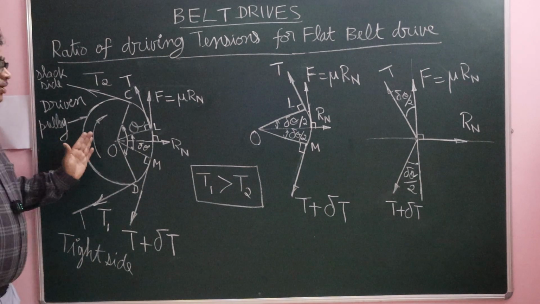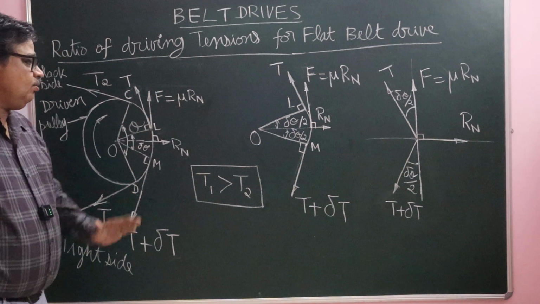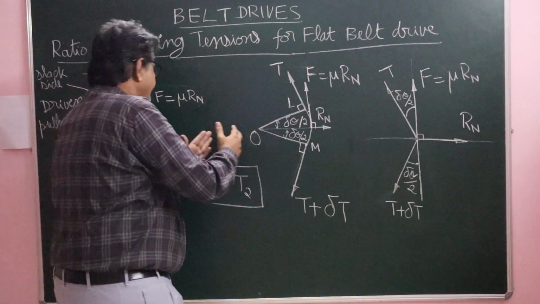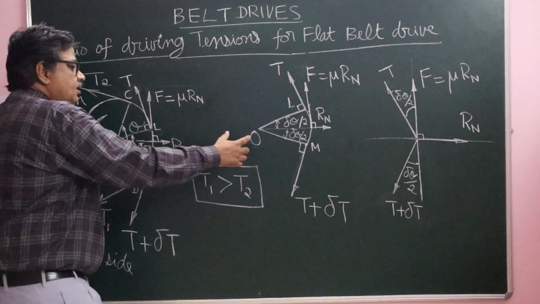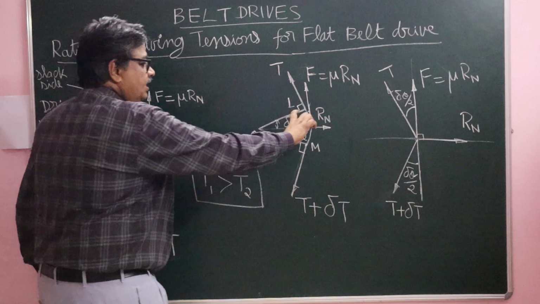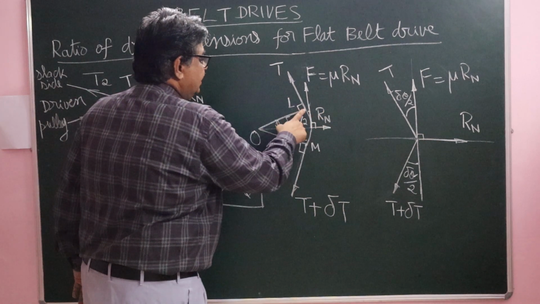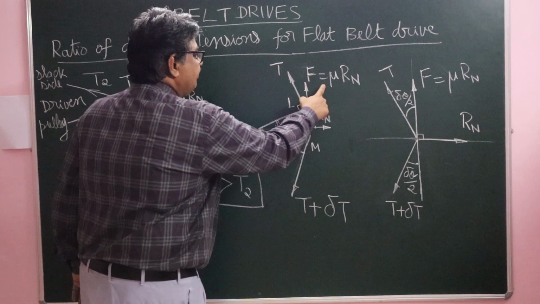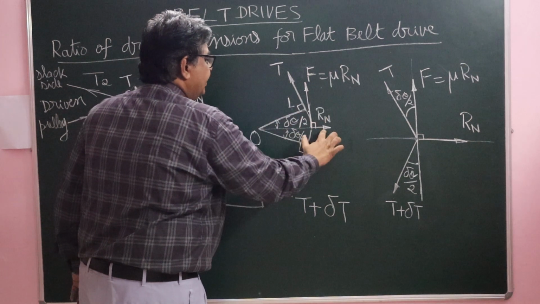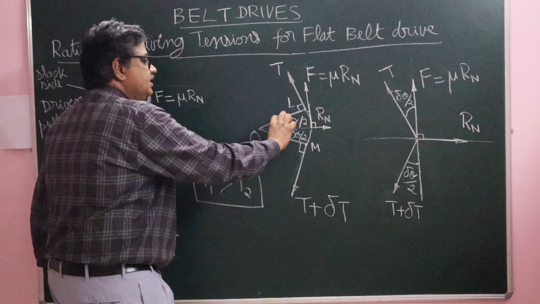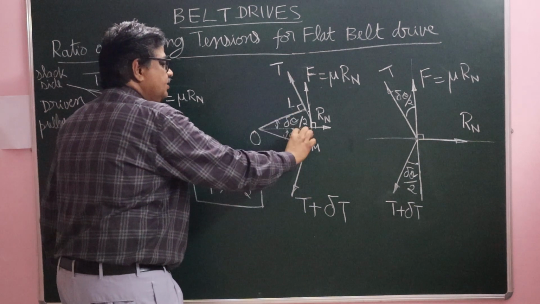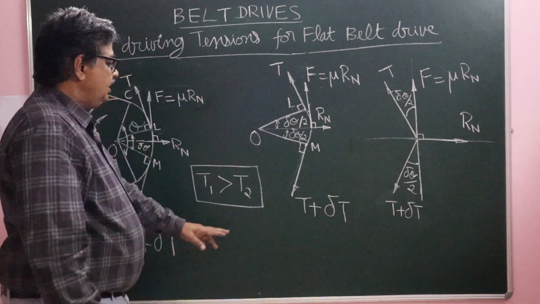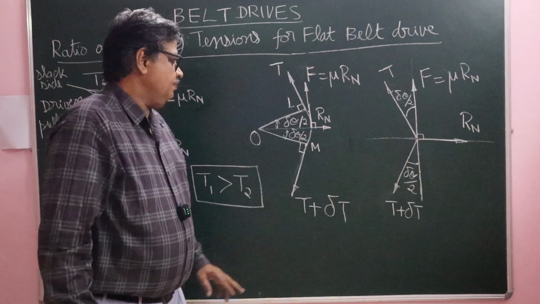Now we draw the forces in the coordinate system. Here I separately draw this portion LM. This is tension T, frictional force F equal to mu into Rn, Rn is the normal reaction, and this angle is del theta by 2, this angle is del theta by 2. Here T plus del T.